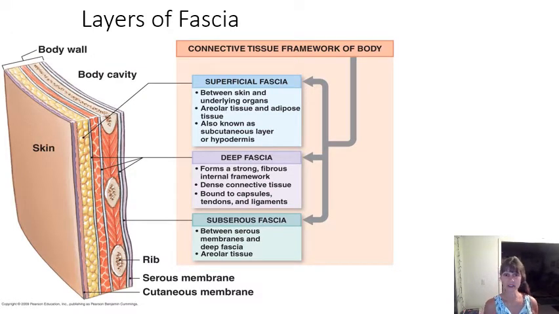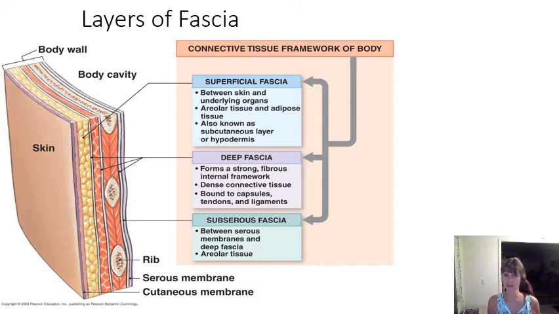Here's another picture, and sometimes those layers are referred to as superficial fascia, deep fascia, and subserous fascia. Again, I'm not concerned with you knowing those names and where they're located, but obviously you can see these different layers that are going to help connect things.